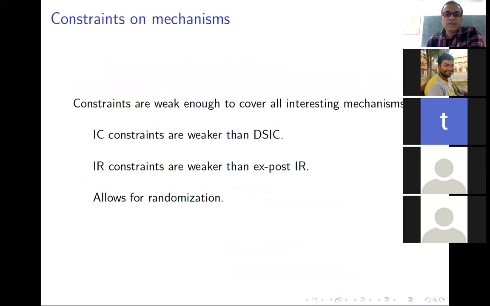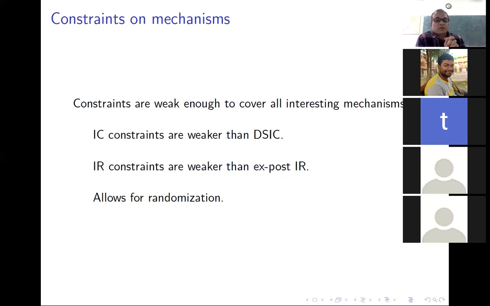And basically, you can ask why BIC, why not DSIC, why interim individual rationality but not ex post IR? Well, at the outset, we want to have a very large class of mechanisms. So the constraints have to be weak enough to cover all interesting mechanisms. For instance, we want to cover first price auctions. So we don't want to impose DSIC because that rules out first price auctions.